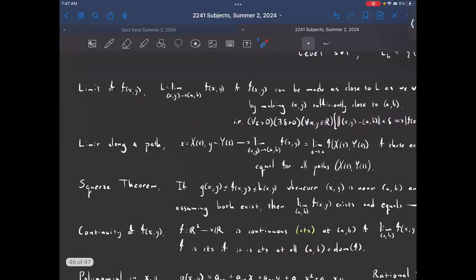All right. Now, in 2 dimensions, we have a little bit more freedom to compute limits. It says the limit along a path now. So in 1 dimension, we only had from the left and from the right to approach a limiting value.